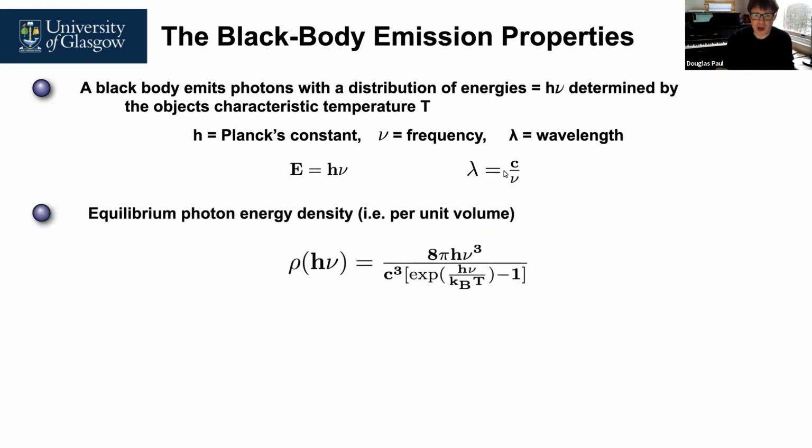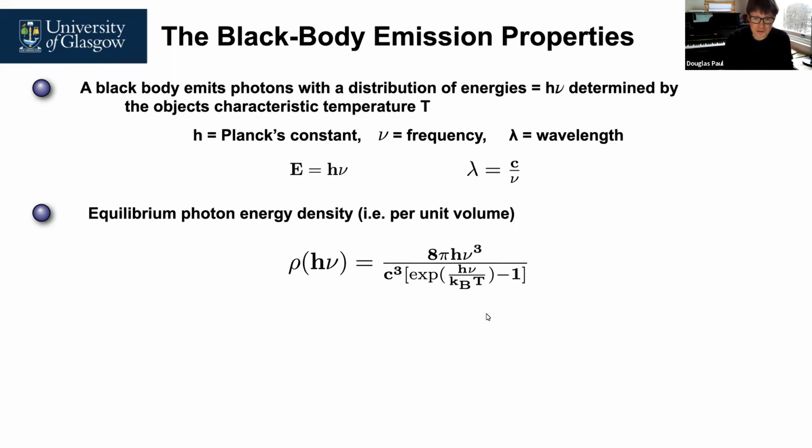So what Planck derived is this equilibrium photon energy density. So this rho is for energy density. It's given at a particular energy, where we've written the energy here as Planck's constant times the frequency. And you can see we get a formula that gives us a distribution of the energy in terms of the frequency, and it goes as the cube of the frequency divided by an exponential with the frequency divided by a thermal energy term.